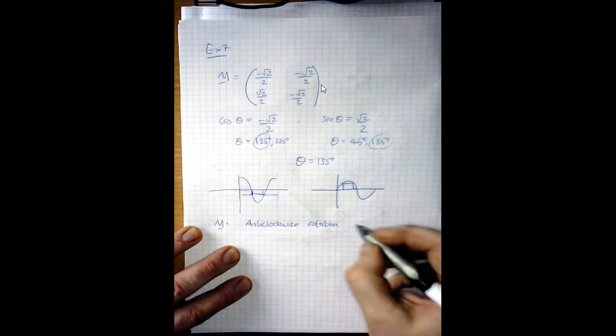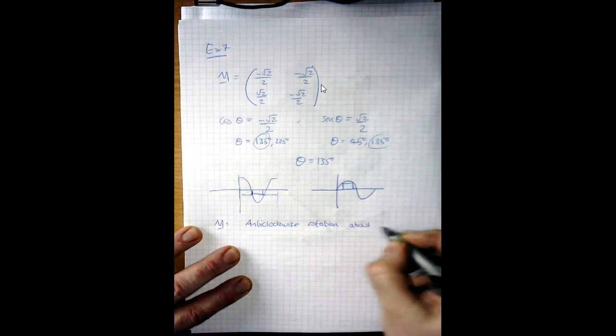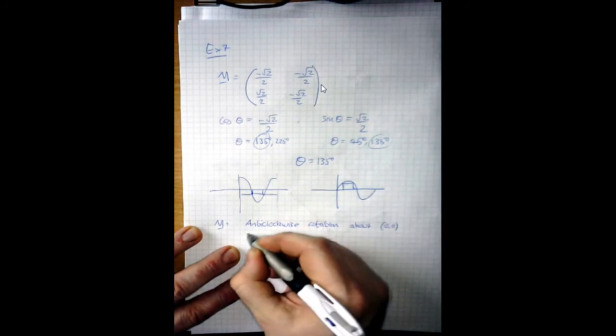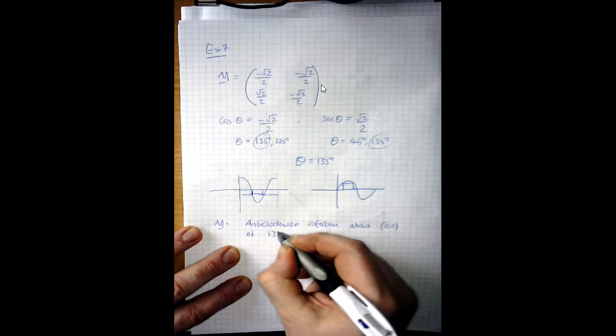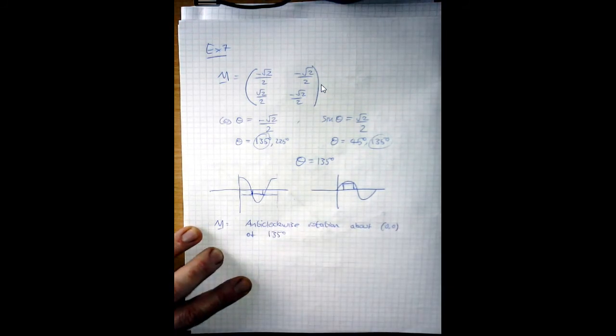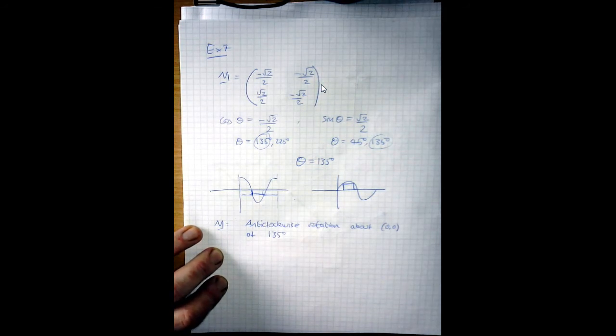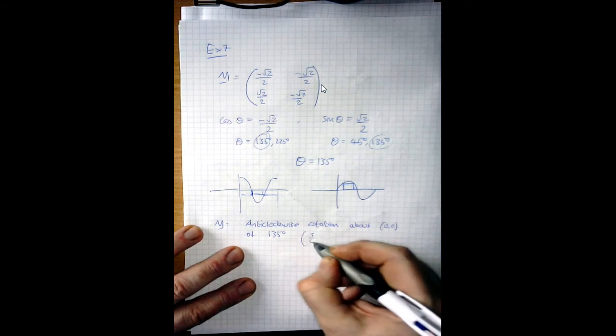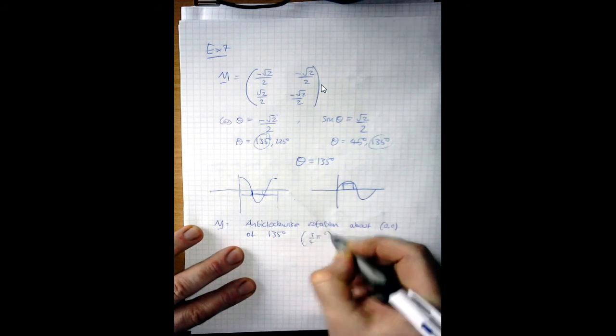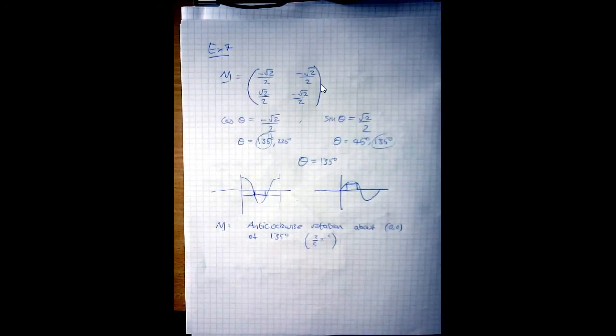Divided by 180 times by pi, 3/4 pi radians. So we're given the matrix that defines the rotation. We just need to solve for theta, find the angle that agrees. Done.